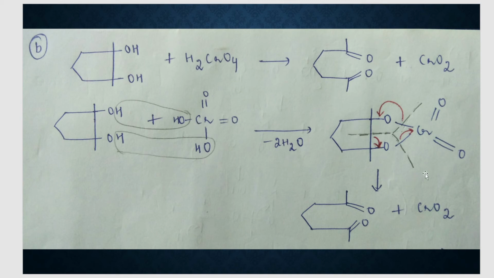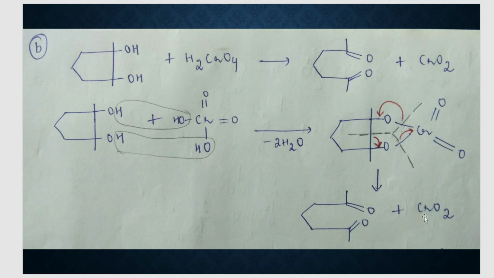Now we need a diketo compound. So you have to do some bond shifting here. Which and all bonds will you shift? One, this bond between oxygen and metal, that is the chromium, will shift here and you will get a double bond O. Okay, and this bond between these two carbon atoms will shift here and you will get a double bond O. Now one bond has shifted away from chromium and this bond will shift towards chromium.